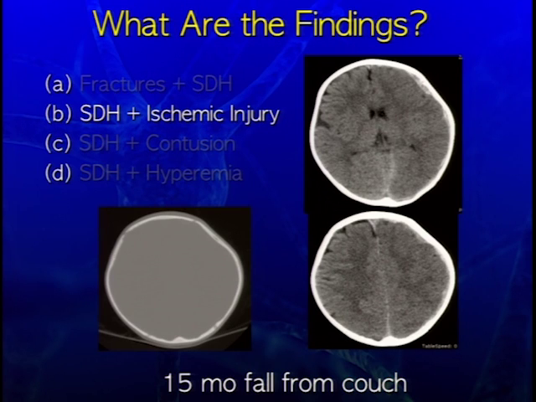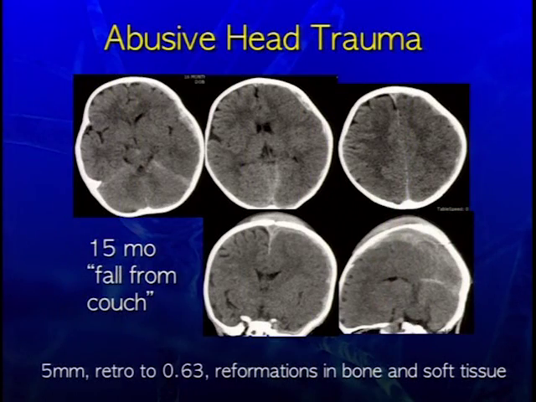The history that we had when this child actually arrived at the emergency room was that she fell off a couch while the person in charge of the child was not watching. Here are some more images showing the coronal and sagittal reformations. Again, you can see the differences in the hemispheres.